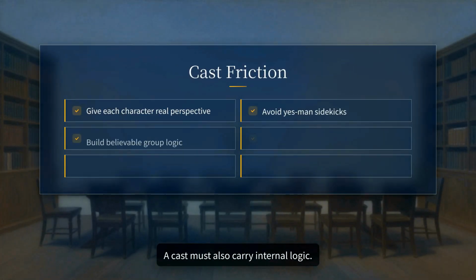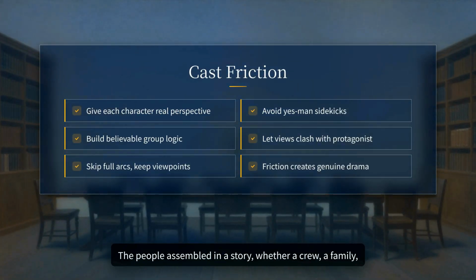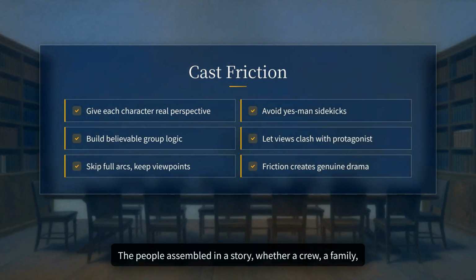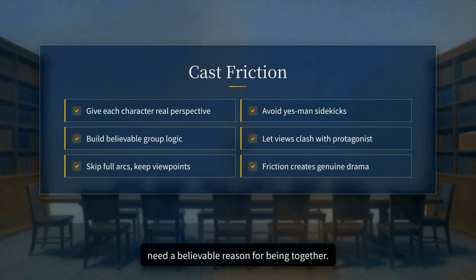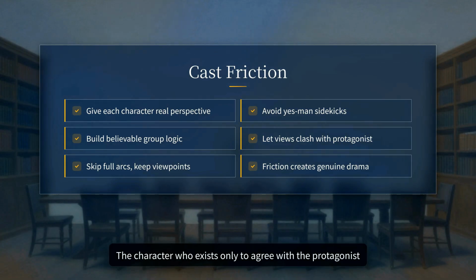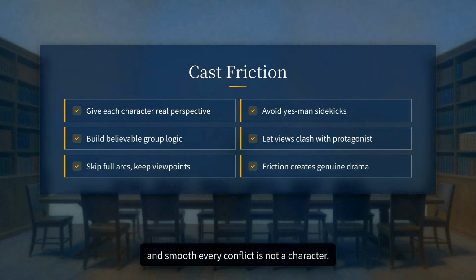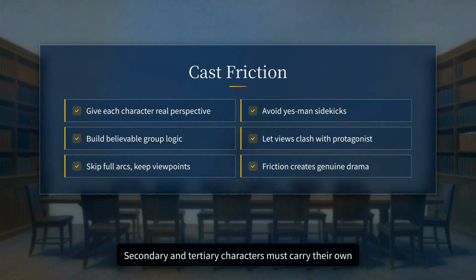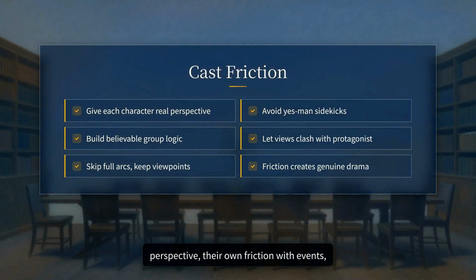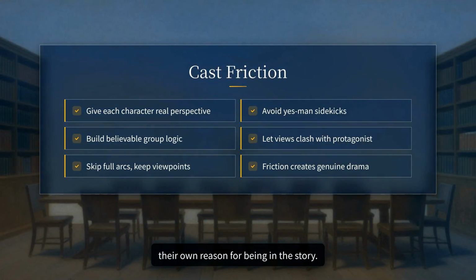A cast must also carry internal logic. The people assembled in a story, whether a crew, a family, a squad, or a circle of friends, need a believable reason for being together. The character who exists only to agree with the protagonist and smooth every conflict is not a character. They are a device. Secondary and tertiary characters must carry their own perspective, their own friction with events, their own reason for being in the story.